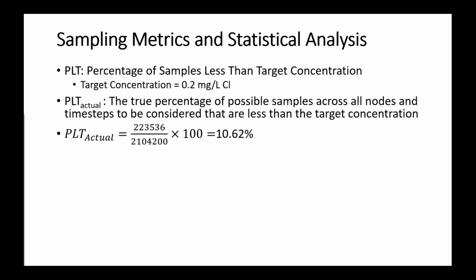Now, my sampling metrics and statistical analysis. As I've mentioned a couple of times now, the main metric that I'm looking at is the percentage of samples less than a target concentration. The target concentration that I used is 0.2 milligrams per liter of free chlorine.